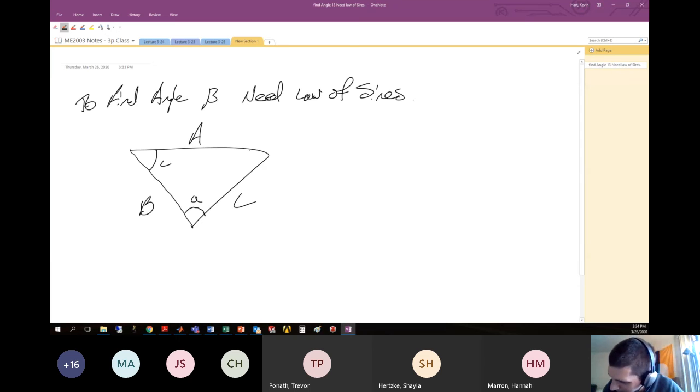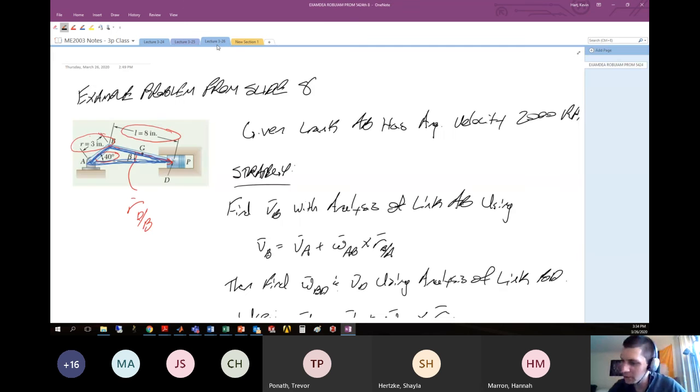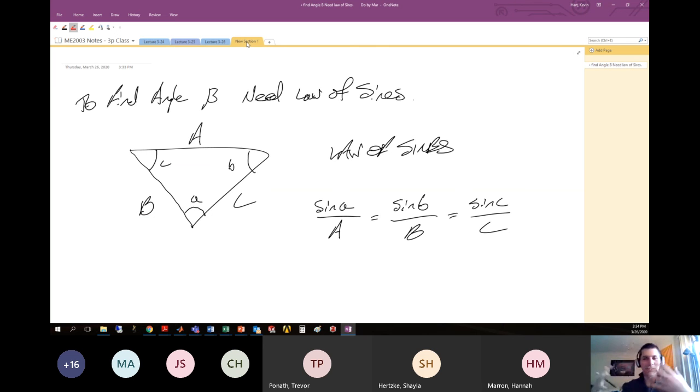Then the law of sines, which relates the angles in this triangle to the side lengths, is that sine of little a over capital A equals sine of little b over capital B equals sine of little c over capital C. So this is generally the law of sines, and now we go back to our picture.